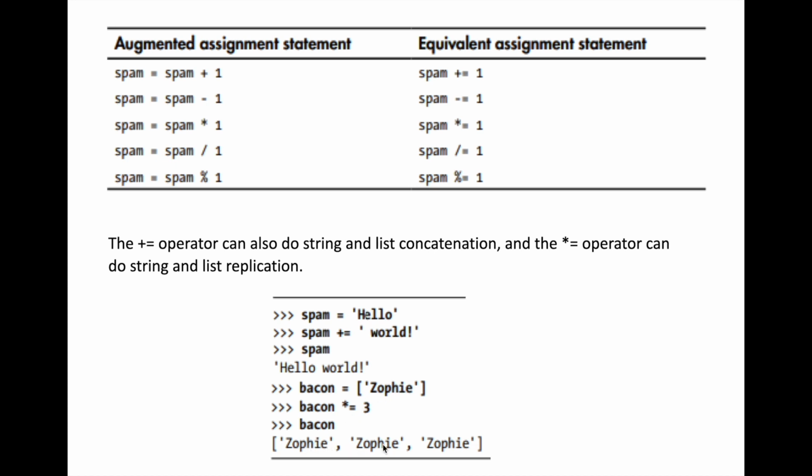See, Zophie, so the element Zophie is repeated 3 times and it's there in the list. This list contains 3 elements. So in this way, this augmented assignment statement can be used for string concatenation, list concatenation, string replication or list replication also.